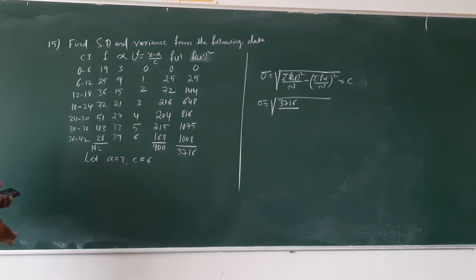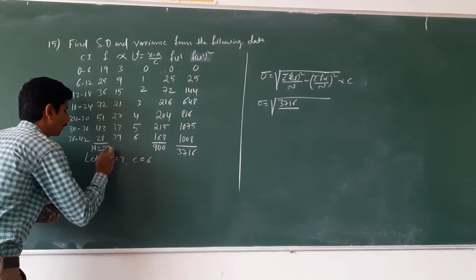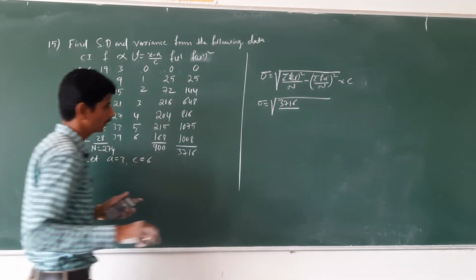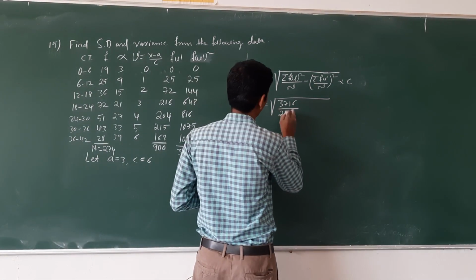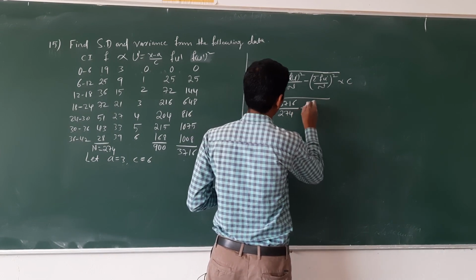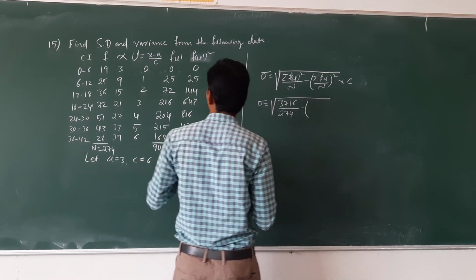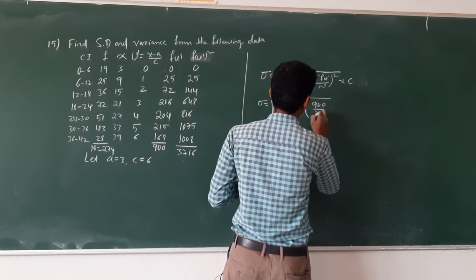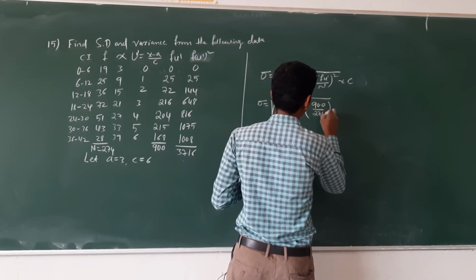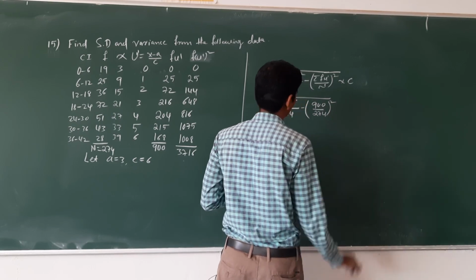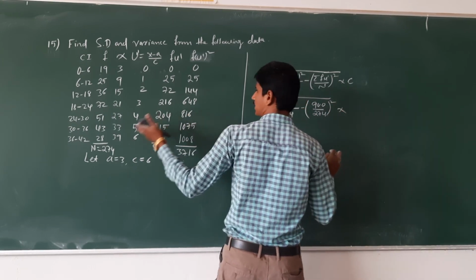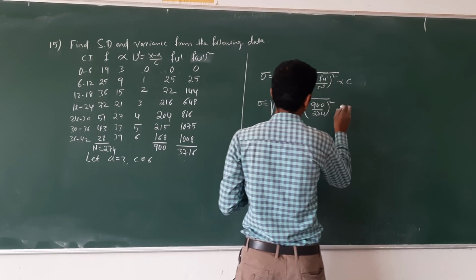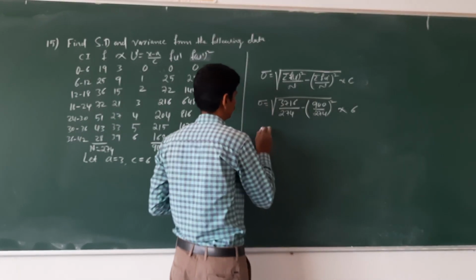Then you will get 274. So capital N is 274, minus the sum of fu dash, which is 900, divided by 274 whole square, into c. The width of the class interval is 6.